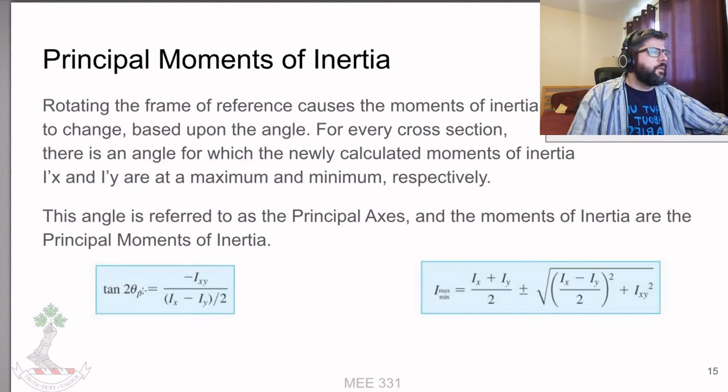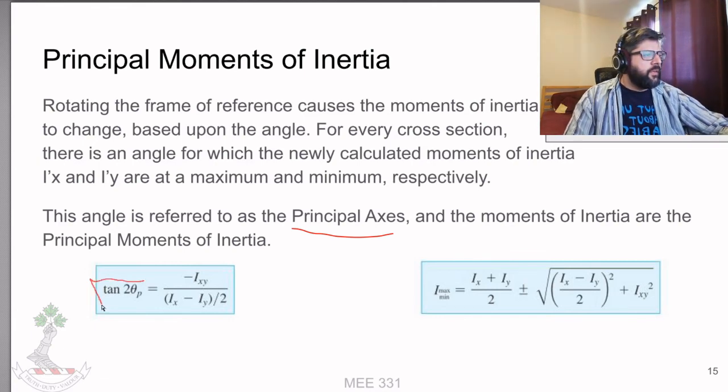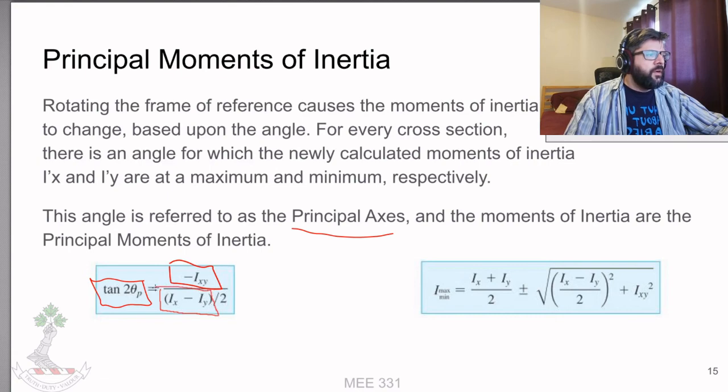These are what we refer to as the principal axes, and the moments of inertia associated with them are the principal moments of inertia. So you can find out what angle you need to rotate to based upon the combination of the product of inertia and your initial moments of inertia.